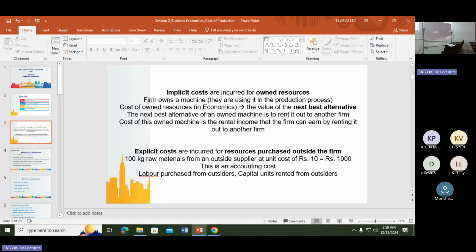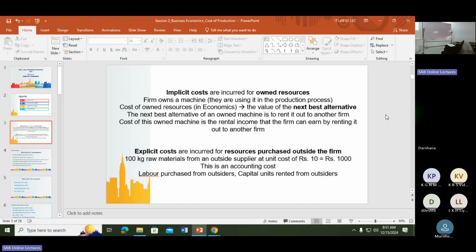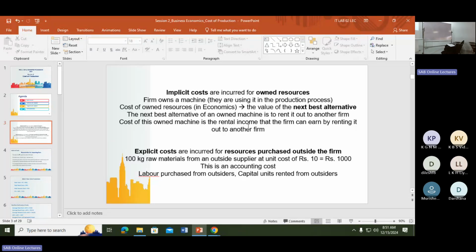Therefore, economics suggests to calculate the cost of own resources by considering the value of the next best alternative use. If it is a machine, the next best alternative use is to rent it out to another firm. Then the rental income that the firm can earn becomes its implicit cost.